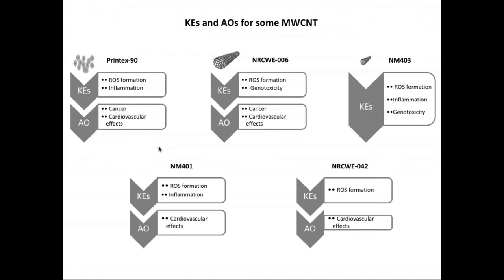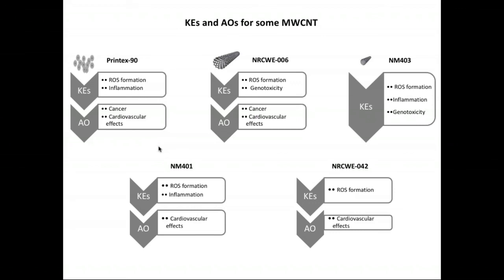This allows us to present some key events which could be related to some adverse outcome, which can be similar or different according to the status of the carbon nanotubes or nanomaterials.